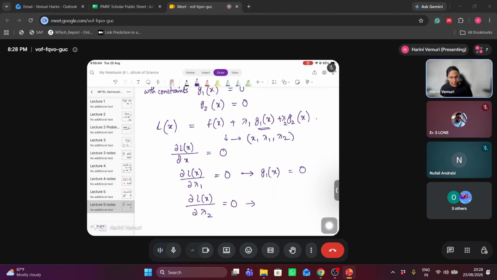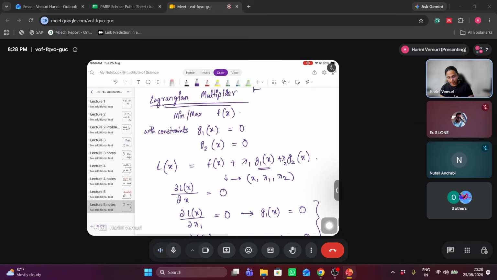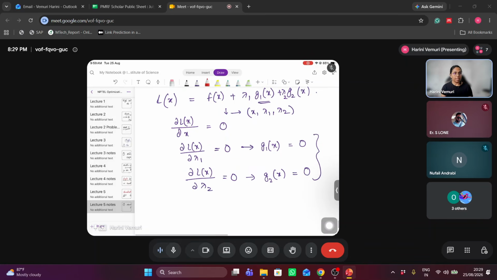And then if we do dou L by dou lambda 2, we have g2 of x equal to 0. That is our second constraint. So for equality constraints, remember these are equality constraints, we directly add them to our main equation f of x using lambda 1 and lambda 2, or multiple lambdas if you have multiple constraints.